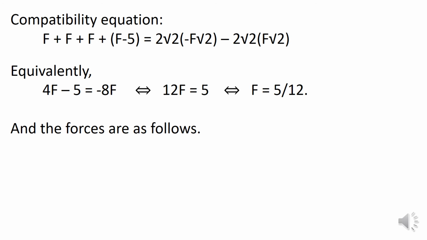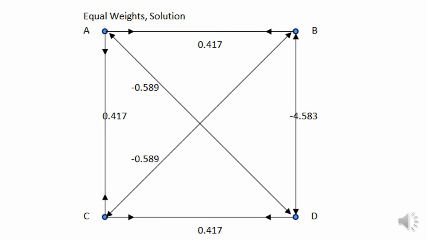So once I have these, I can substitute f into the diagram with the combined forces, and I will get the forces as follows. Here I've gone straight to the decimal form.